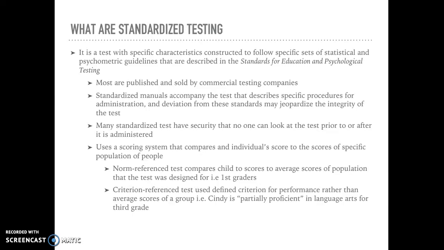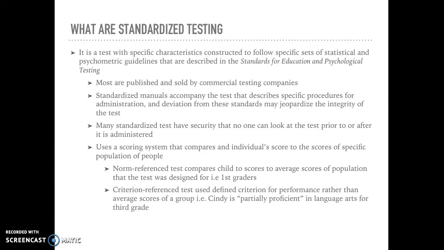Many of these tests have security so that no one can look at the test prior to or after its administration as well. And it uses a scoring system that compares the individual scores to the scores of a specific population of people. There are two forms. There's the norm-referenced test, which compares a child's score to the average score of the population that test was designed for, for example, first graders.